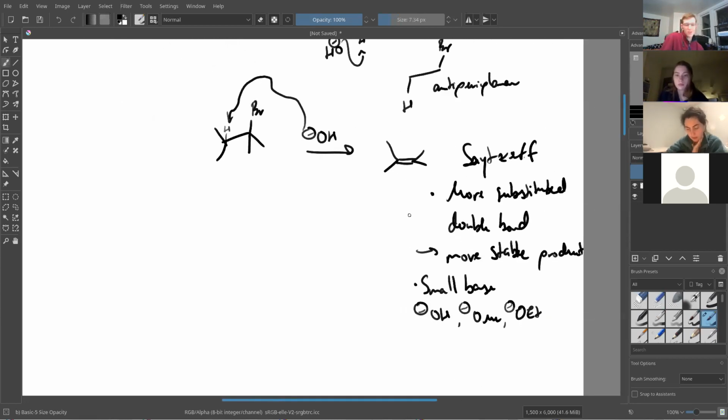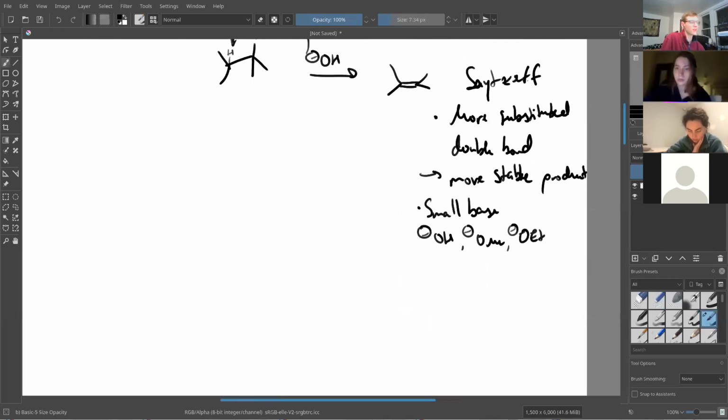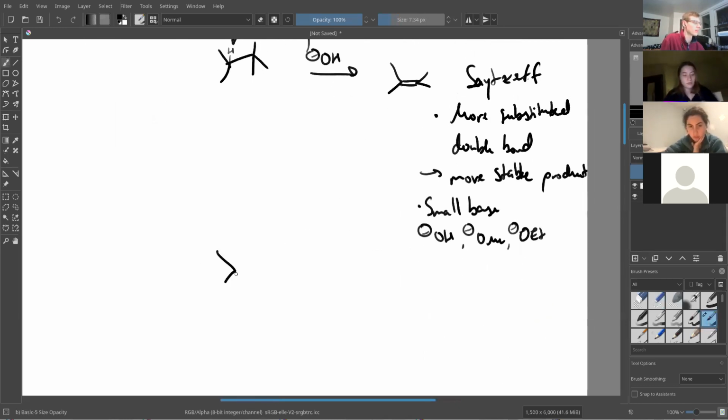So okay, we have the Zaitsev product, and then what's the other product that we can get? The Hofmann. Yeah. So we could also get the Hofmann product, which looks like this, and in general for the Hofmann product, you'll see O-tert-butyl.